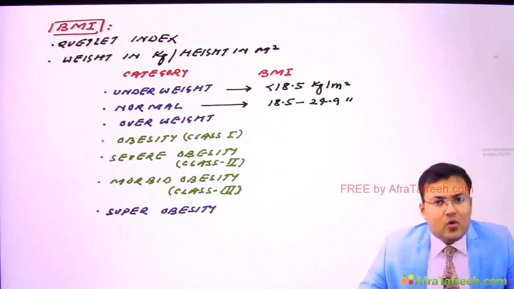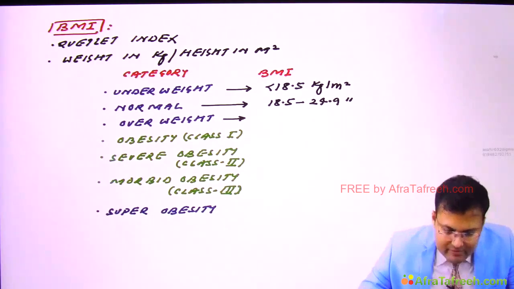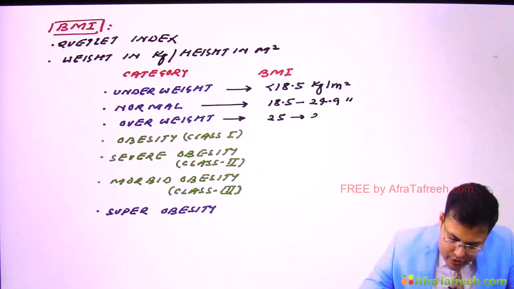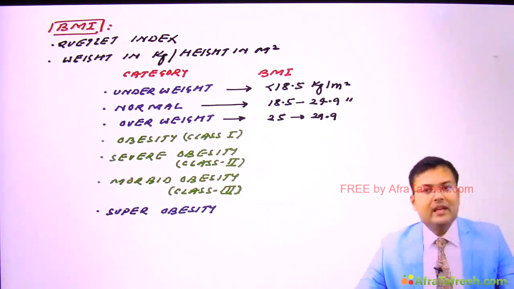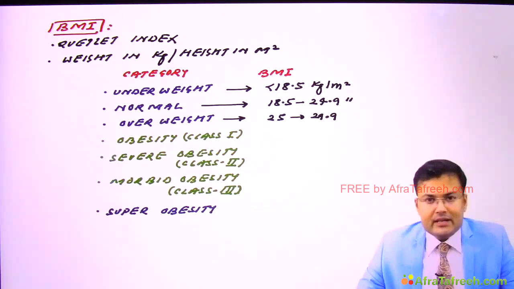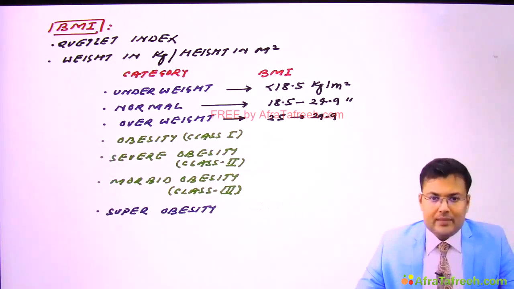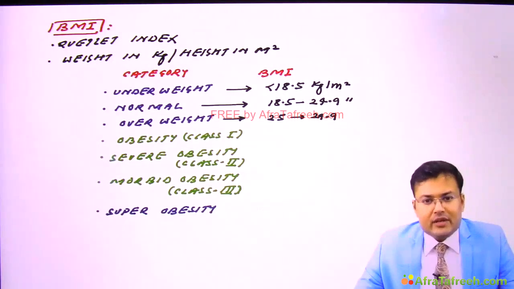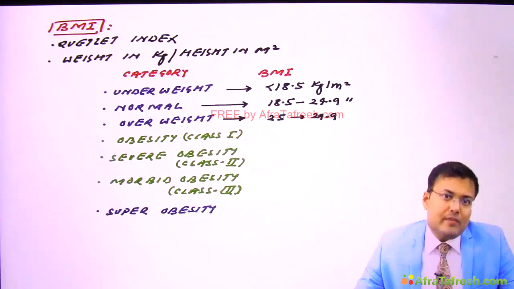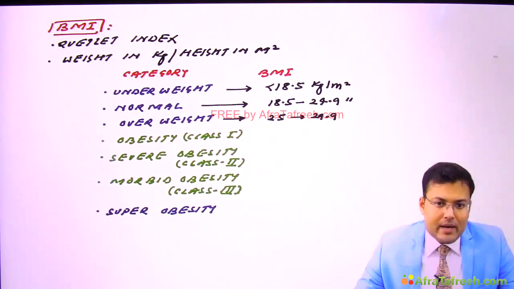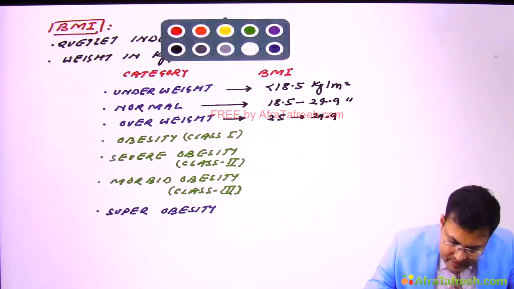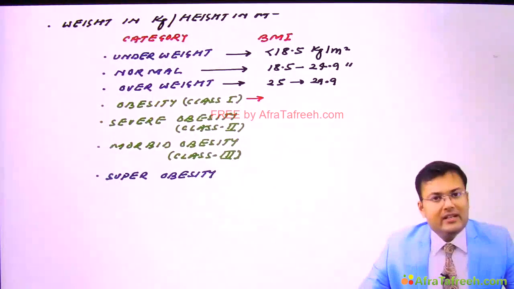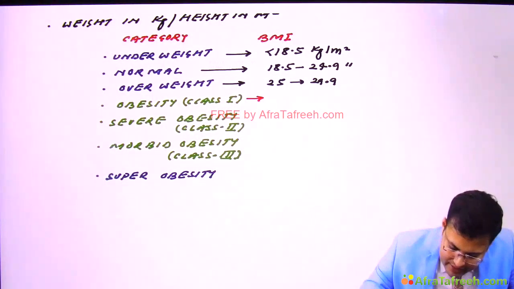After that, overweight patients: the range is 25 to 29.9. Then obesity is further divided into class 1, class 2, class 3. Class 1 is known as obesity, class 2 as severe obesity, and class 3 as morbid obesity. So what is the BMI in class 1 obesity? This you have to remember because it is frequently asked. In class 1, it is 30 to 34.9.